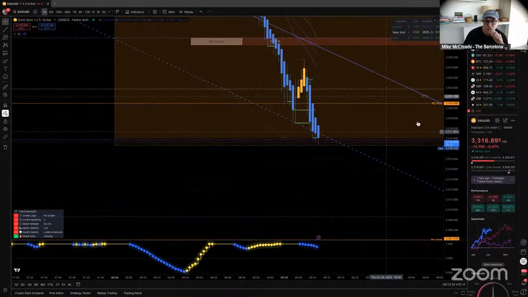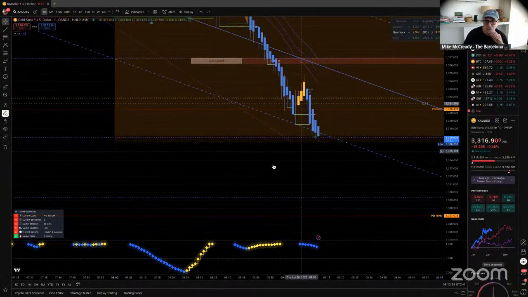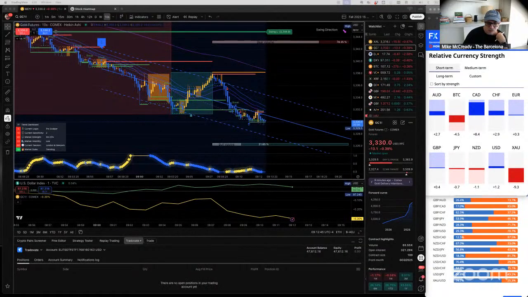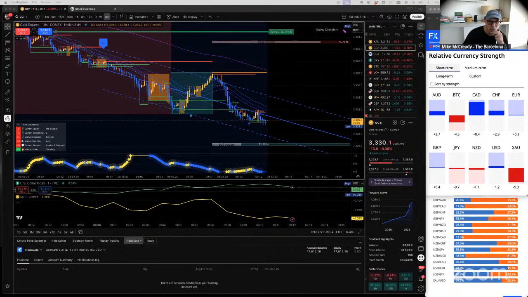DS1 is that purple line right there going across the screen. We are coming down below it. If we come down below it, there might be another sell here. Well, the sells seem to be running out of steam a little bit. It's going to be time for things to head up.